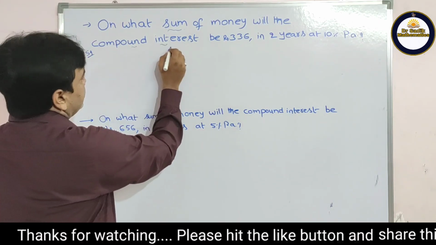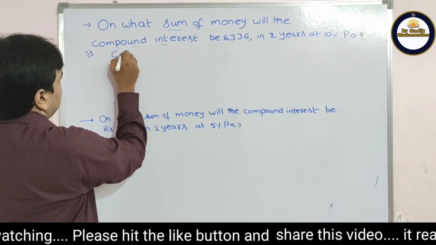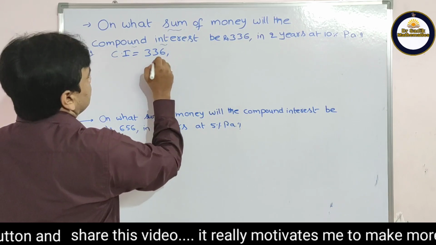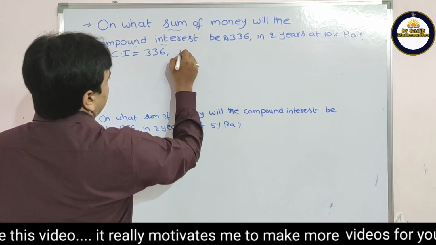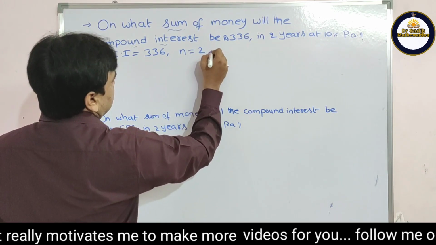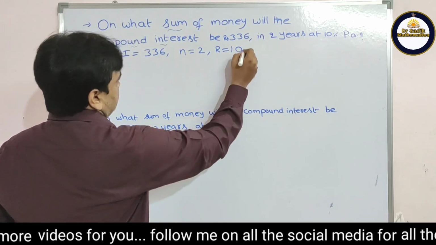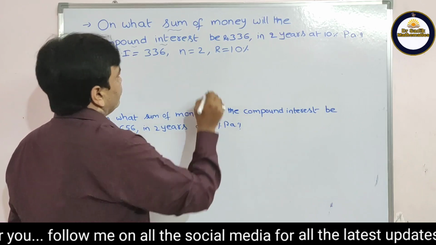Solution. Given here compound interest, that is equal to 336. N value is 2 years. 10% means R value is 10%. We are finding the sum here, friends.